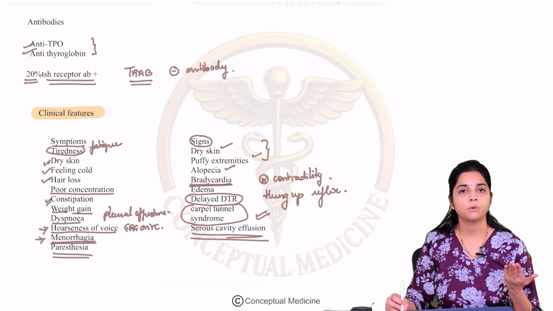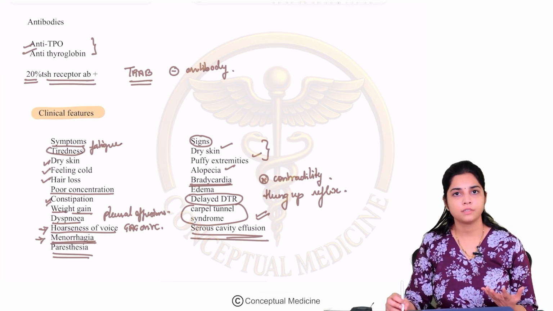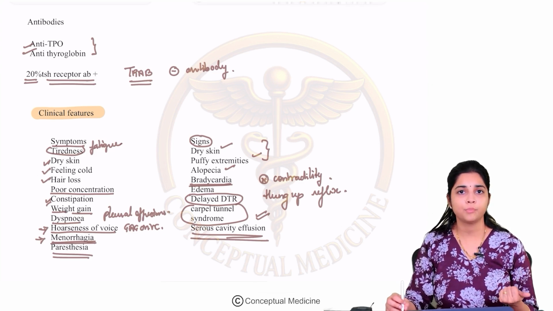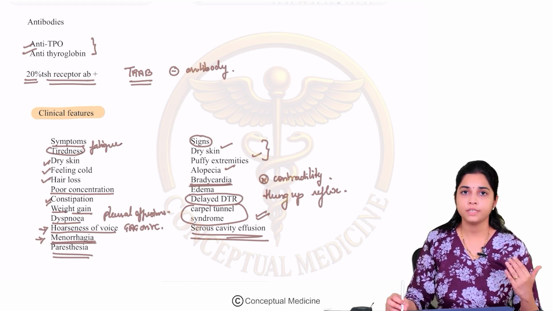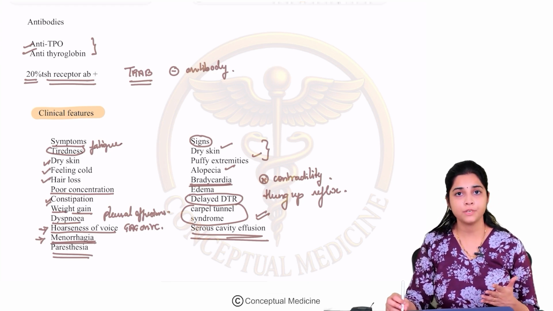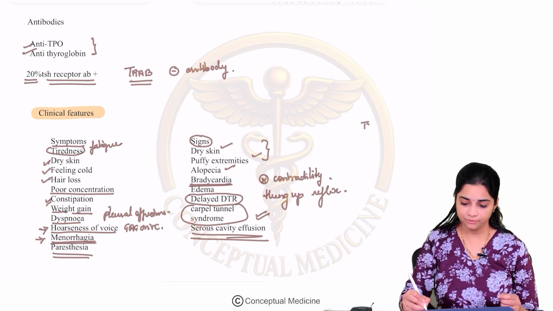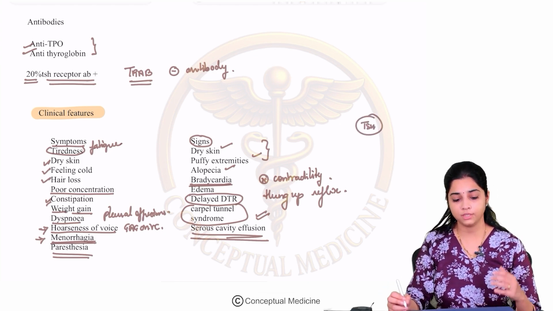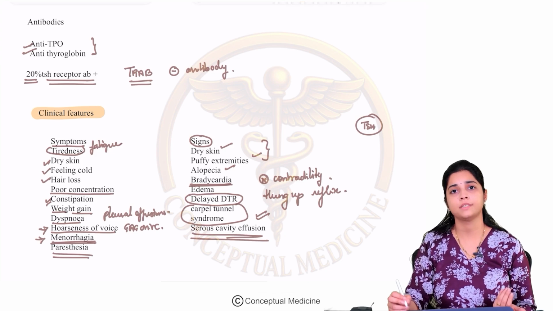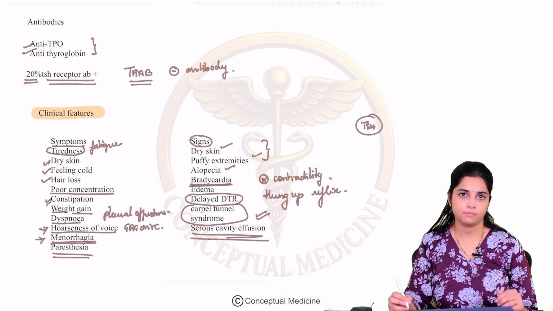A patient with fatigue, poor concentration abilities, he is looking slightly puffy, he is having bradycardia on his pulse, and if you auscultate him, you may have a little bit of effusions here and there, and he is feeling cold, he is having alopecia, constipation. Very, very important. Never forget to check your TSH. So these are all the various symptoms and signs of hypothyroidism.